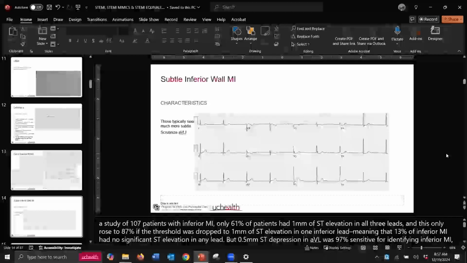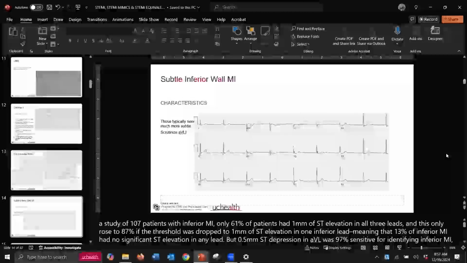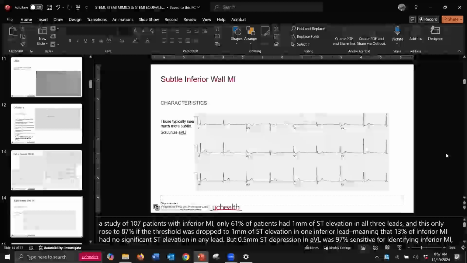This EKG combined with chest pain, symptomatic. There's some data starting to come out that what we're classically taught about right-sided MIs, not giving nitro, may not be true, but I don't think we're there yet to change practice patterns.